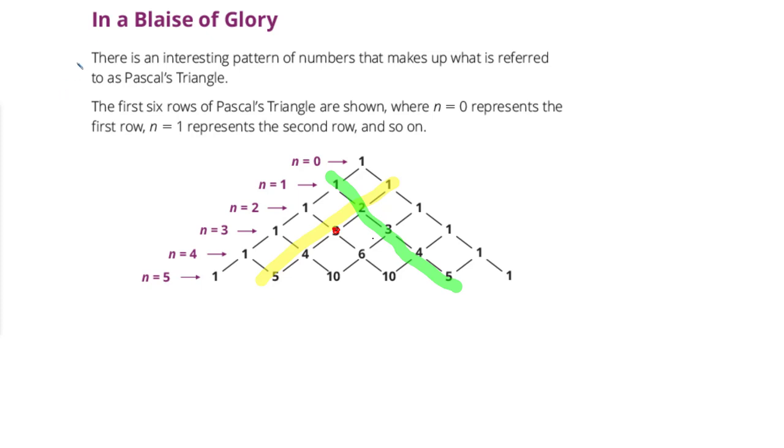Okay, so let me highlight and see what you're saying. So if I take these two numbers and I add them, it equals this number, on the whole thing. That's how Pascal's triangle is developed. You found how Pascal's triangle is developed.